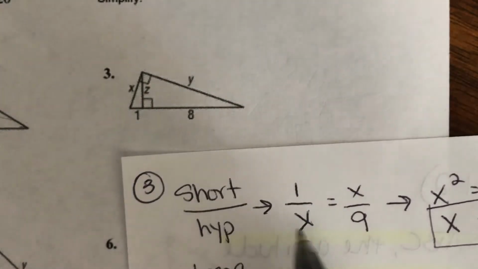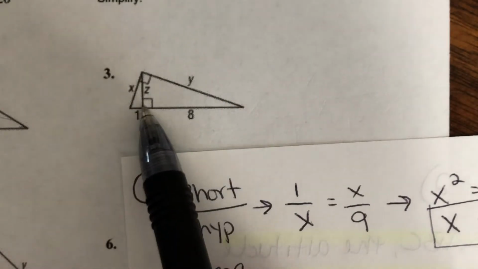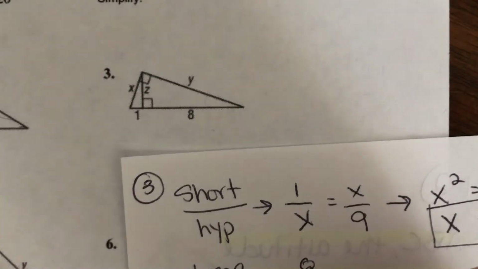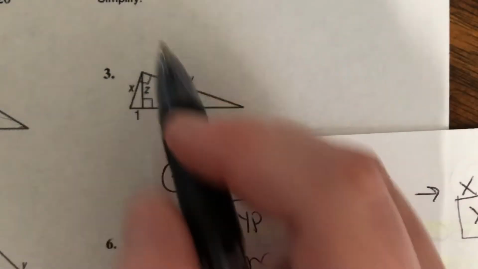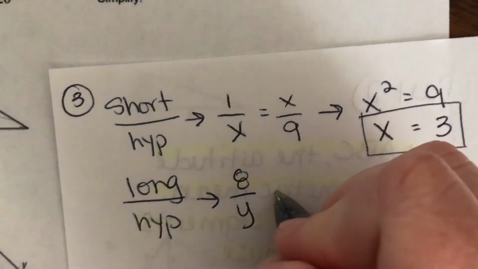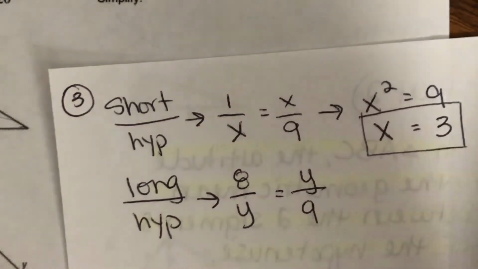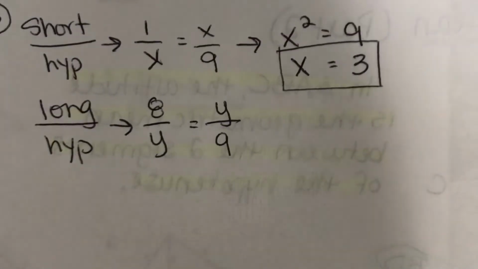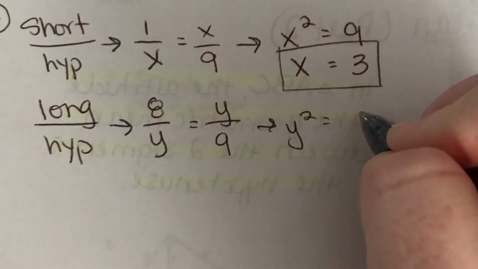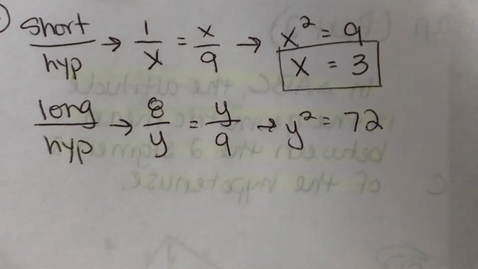So for the smaller triangle, the long leg is 8, the hypotenuse is y, 8 over y. And for the bigger triangle, the long leg is y, the hypotenuse is 9. Then I cross multiply. And I get y squared equals 8 times 9, which is 72.